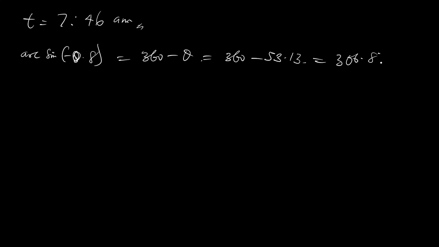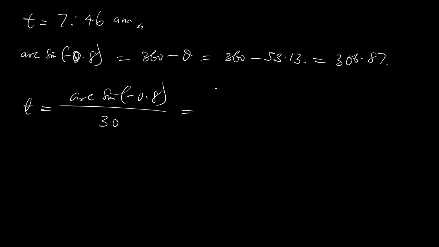So this is equal to 306.87. Arc sine minus 0.8 divided by 30 will be 306.87 divided by 30, and this will give us 10.229.